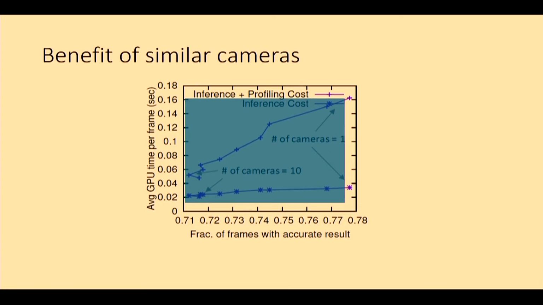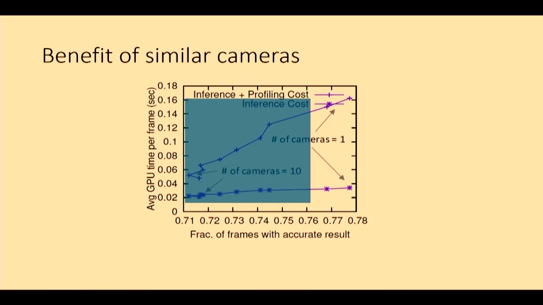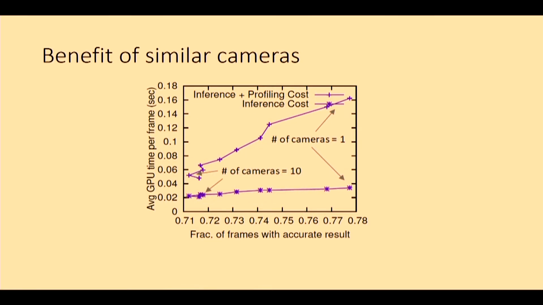And the point here is that adding more cameras reduces the profiling cost linearly in the number of cameras, whereas it doesn't really affect the cost of executing the best configuration, because by then you're done with all your profiling. So you can see that if you increase the number of cameras, you get this pseudo-linear drop. And that's going from 1 camera to 2 cameras. And then as you keep going further to 7, 8, 9, 10 cameras on the left, cost is going down in a semi-linear way.